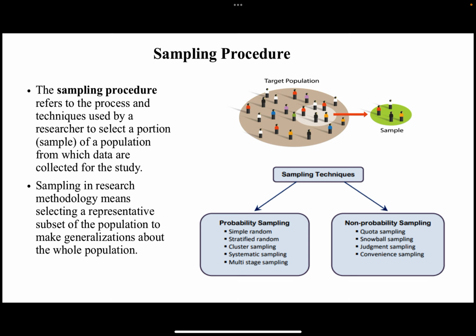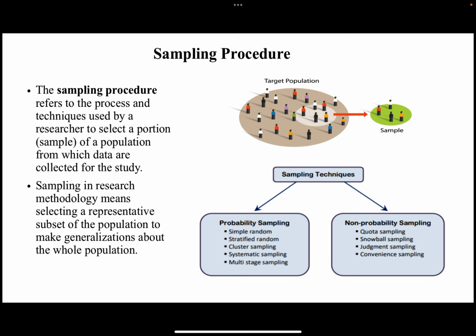So in research and also in statistics, we have two broad divisions of sampling methods or sampling techniques. The first one is the probability sampling technique, and the second one is the non-probability sampling.